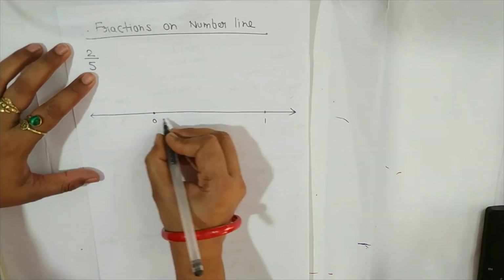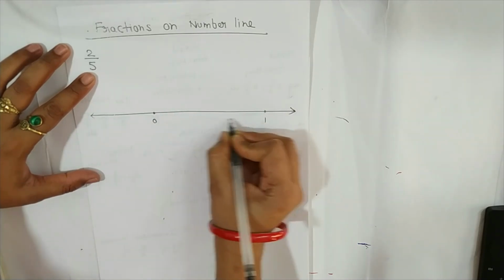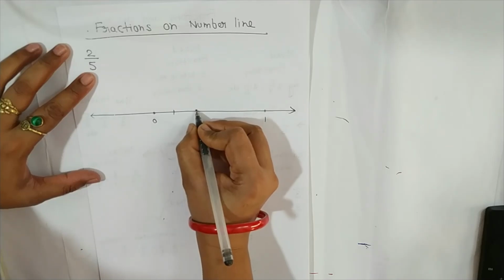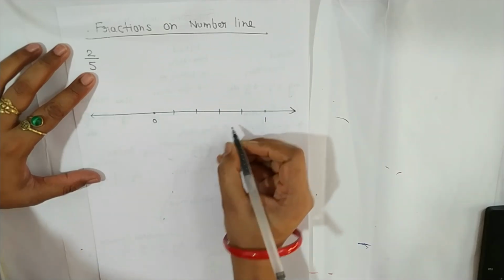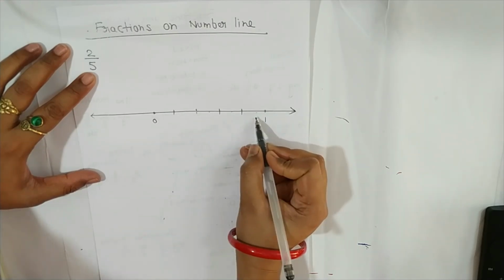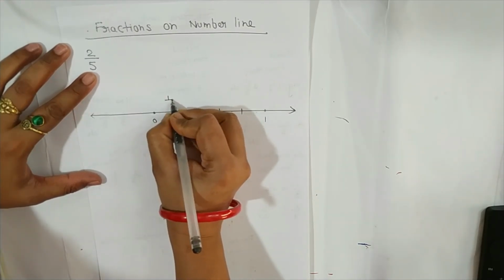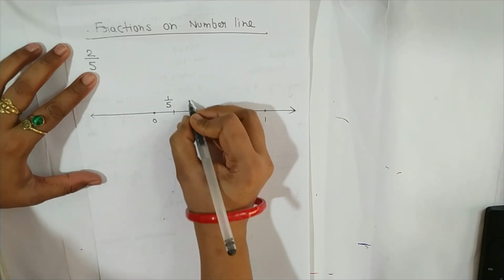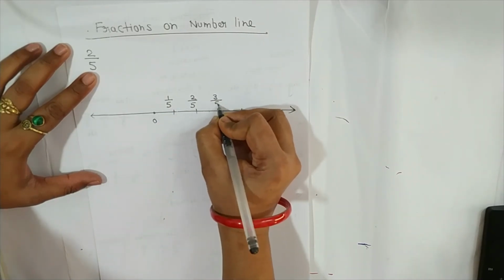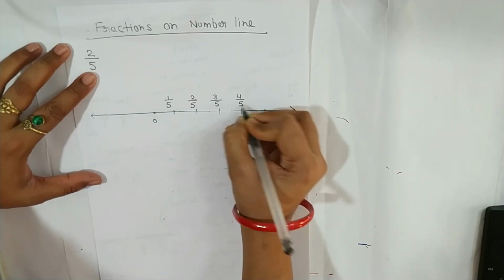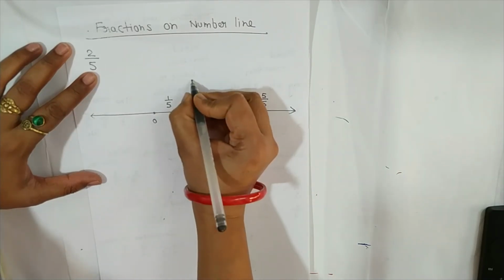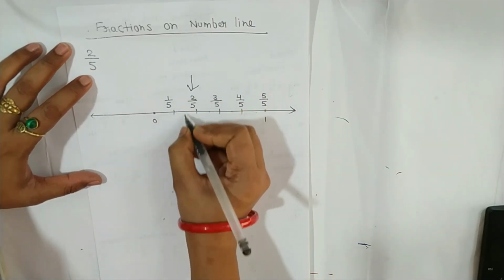Yes, 5 parts. So we have to divide this into 5 equal parts. 1, 2, 3, 4, 5. These are equal parts. Now first part is 1 upon 5, second part is 2 upon 5, next is 3 by 5, fourth is 4 by 5, and this will be 5 upon 5, that is 1. So 2 by 5 is here.